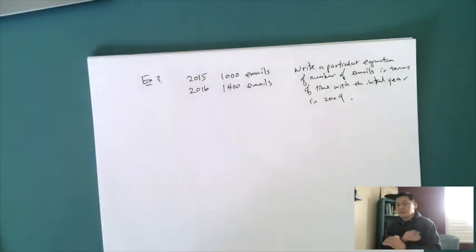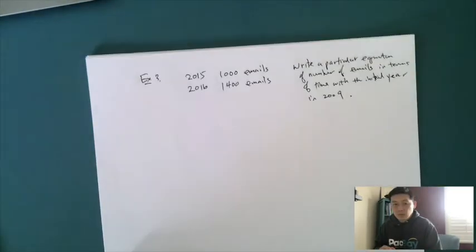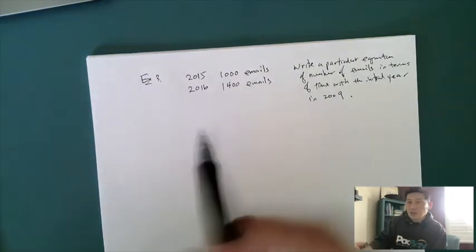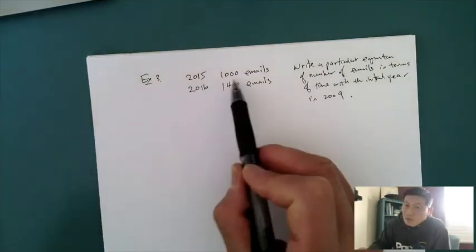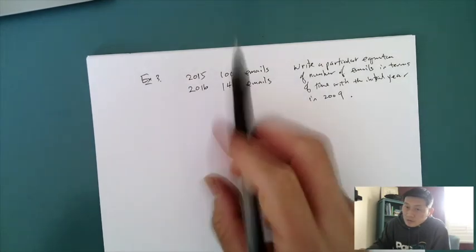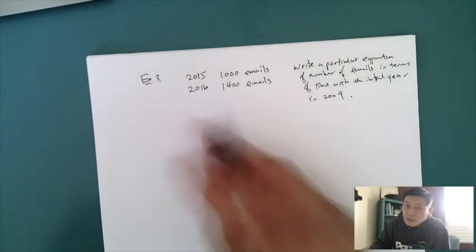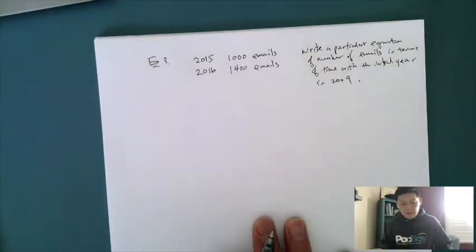Oh, wait a minute. So it actually goes back a little bit more. So it's 2015. You would think that because the problem is given to you this way, then 2015 is your initial year. But they want your initial year to go a little further back to 2009, right? So that kind of makes it a little complicated. But no fear.